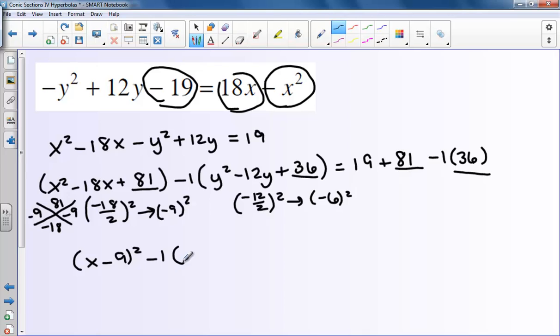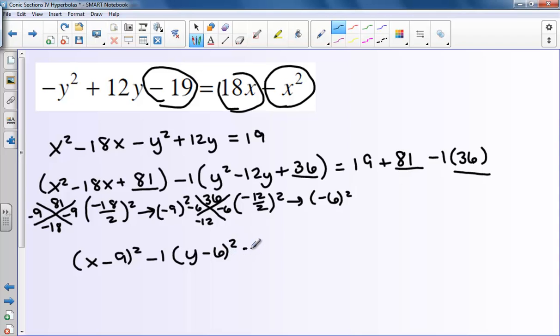Minus 1, and we'll factor here. A times c is 36. B is negative 12. So in the same way, I can use 6 and 6 here, but I have to use the negatives because I need a negative 12. So I have (y - 6) twice.